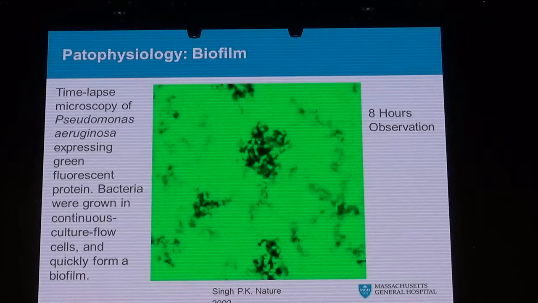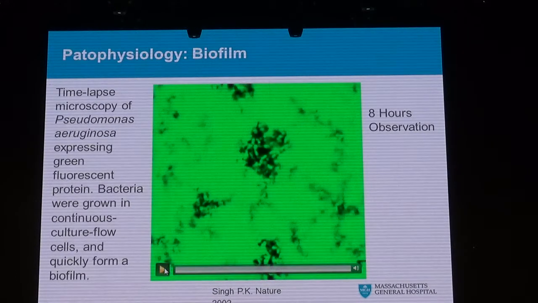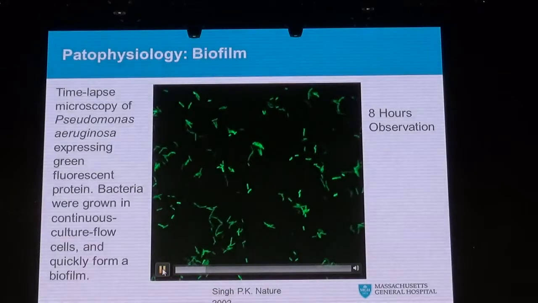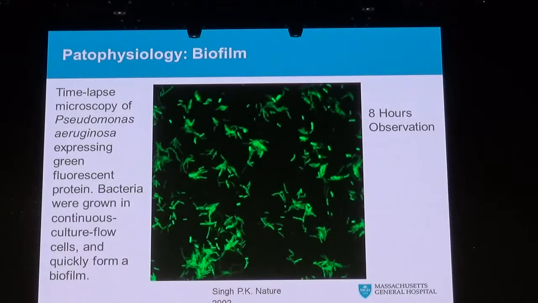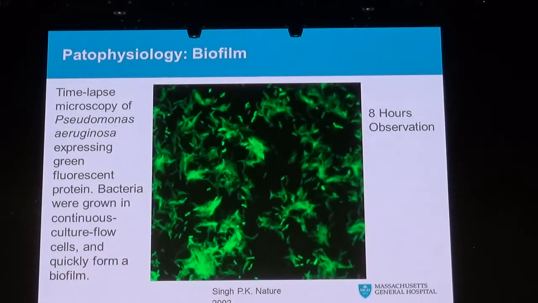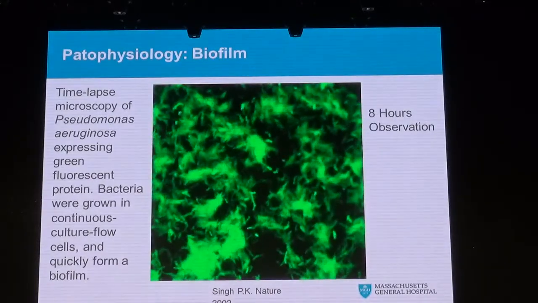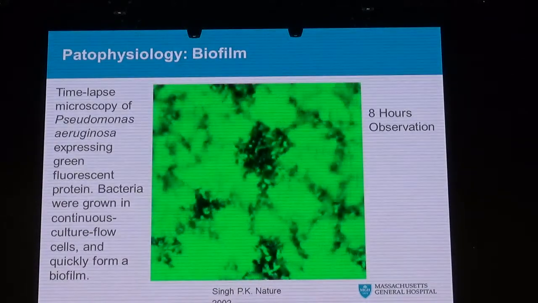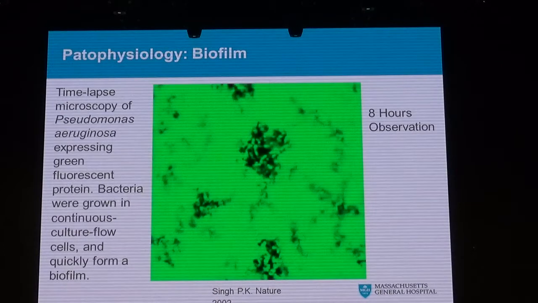In 8 hours, as you can see, the substrate is completely covered by Pseudomonas aeruginosa. This is the same substrate as our normal endotracheal tubes, so there is really no way to prevent it. Within 8 hours the internal lumen of the PVC endotracheal tube is already coated by bacteria.